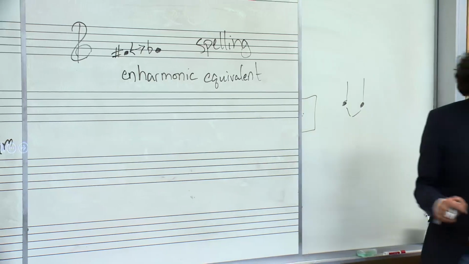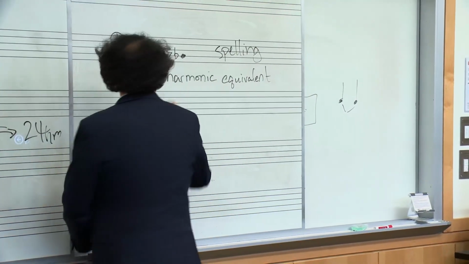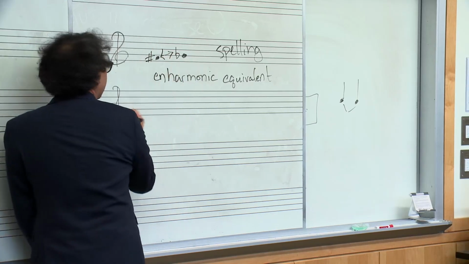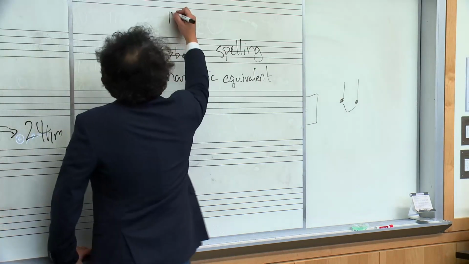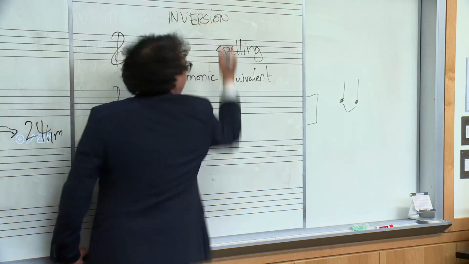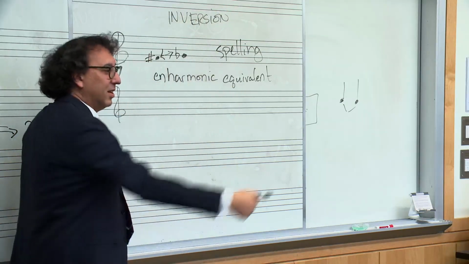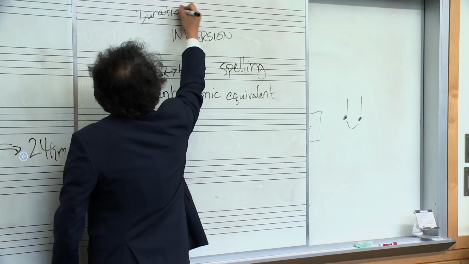Good. What's another equivalence class? We're going to go really fast. What's something else that we might sometimes think is equivalent? We said inversion, sometimes, but often not. Good. What's another? Duration. Sometimes we don't care how long two things are. Good.